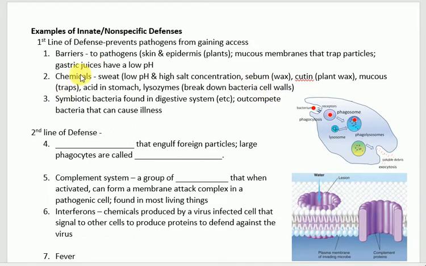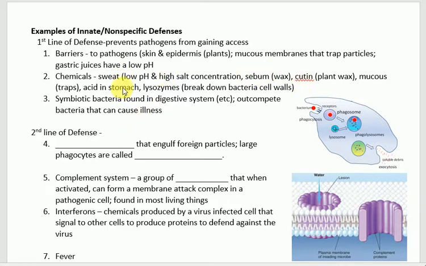So let's look at some examples of innate or nonspecific defense. First line of defense, again, we've got our barriers to pathogens. So we've got our skin, epidermis in plants. We've got our mucous membranes that are going to trap particles like in your nose and such. And then we also have our gastric juices in our stomach. Then we have chemicals. We have sweat. Plants have wax.